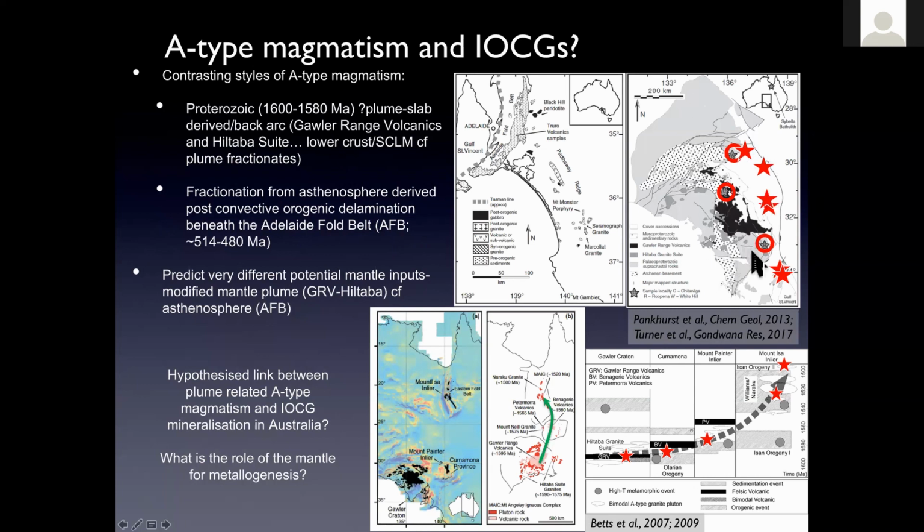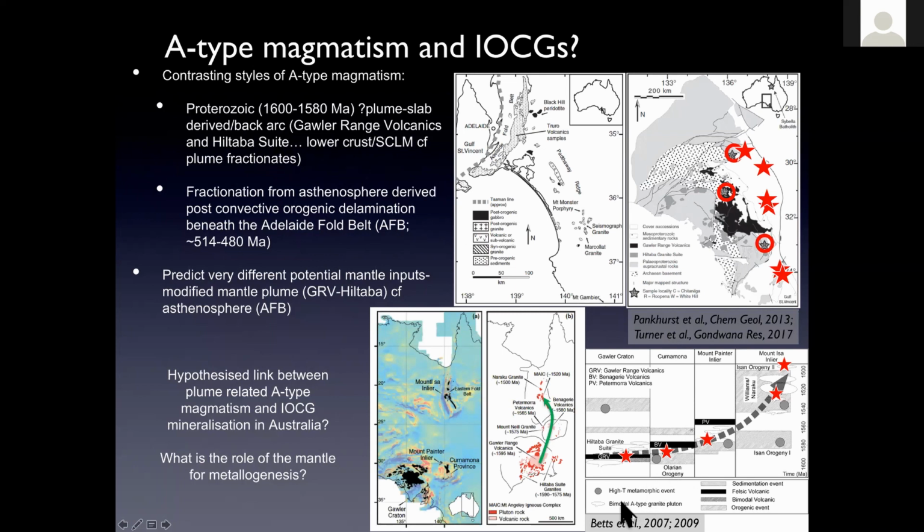Here in South Australia, on the Gawler Craton, there appears to be some sort of temporal link between IOCG mineralisation, everyone loves Olympic Dam, but Moonta Wallaroo and Prominent Hill and Carrapateena, these sorts of things, and the Gawler Range volcanics and their intrusive equivalent, the Hiltaba Suite granites.